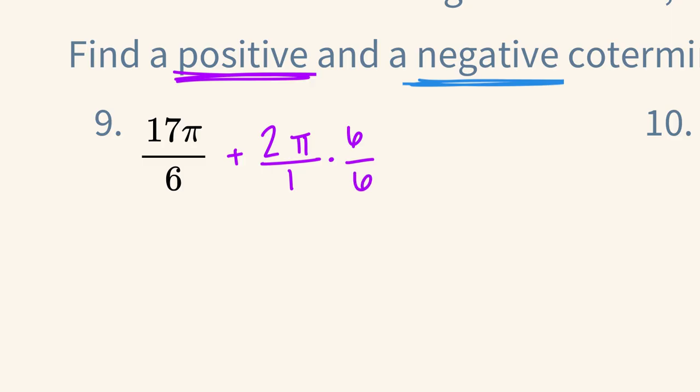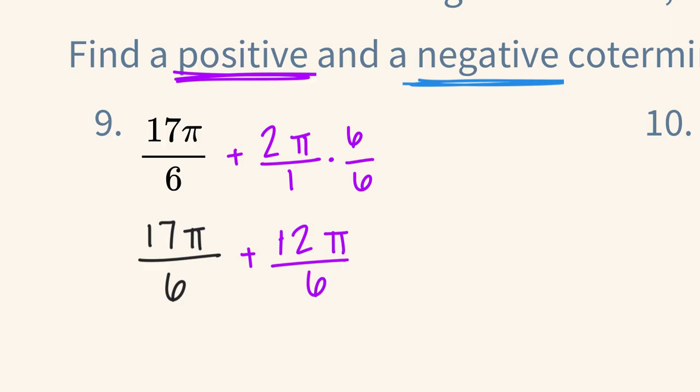I'm just going to rewrite it: 17 pi over 6 plus 12 pi over 6. Solving this, all you have to do is add. What's 17 plus 12? I'm going to get 29 pi over 6, and that would be my answer.